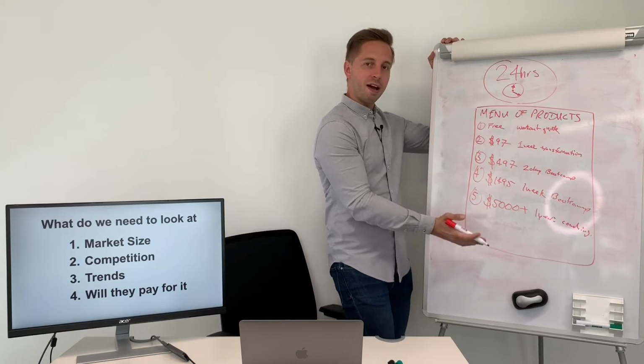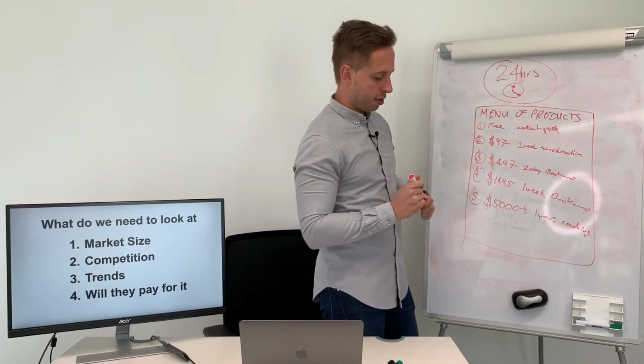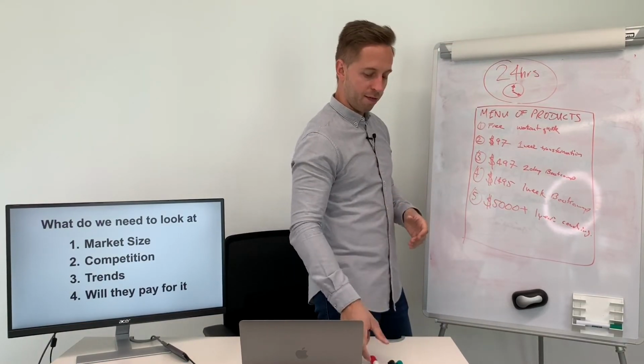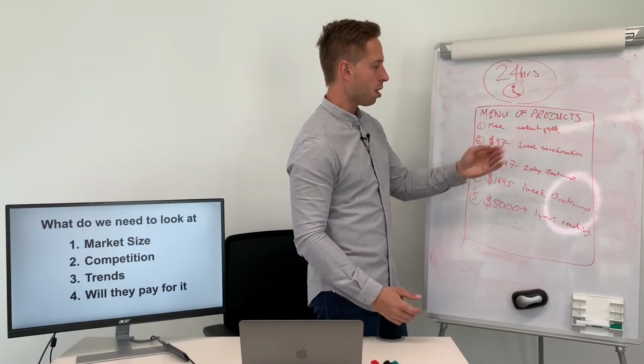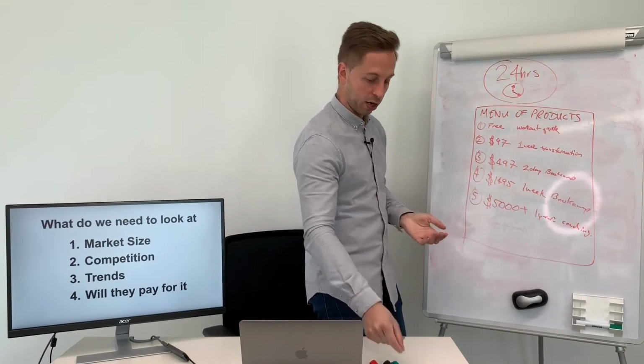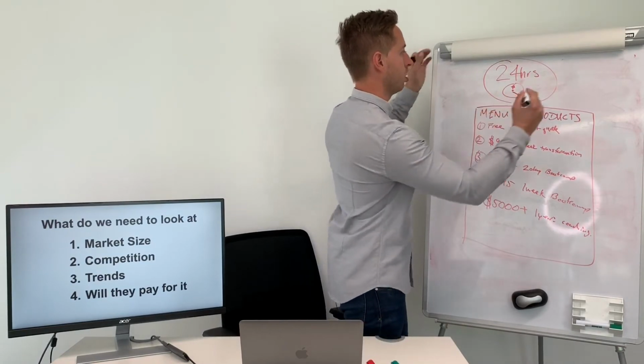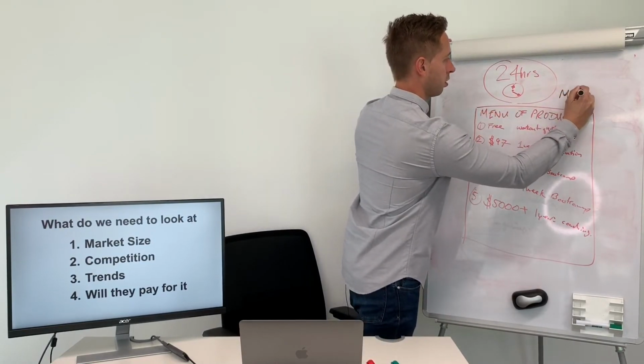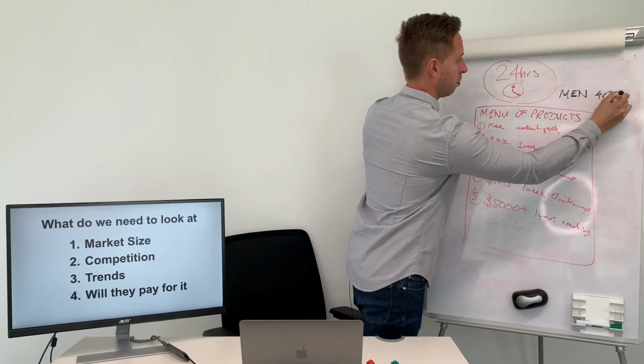So you've got to have this menu, and let's say you are going to be focusing on a niche of men over 40. For example, let's just say that's our niche. Men 40 plus.